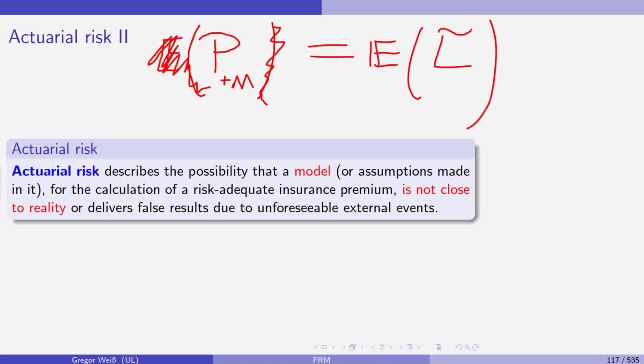The losses are uncertain, and you have to model the losses, and then after having modeled your potential losses in your portfolio, having taken the expected value, and you need to discount this, then you can calculate your premium. So that is actuarial modeling in a very, very simple nutshell.